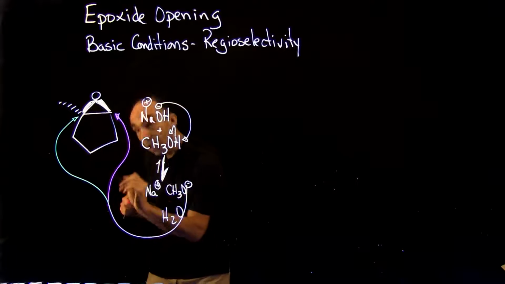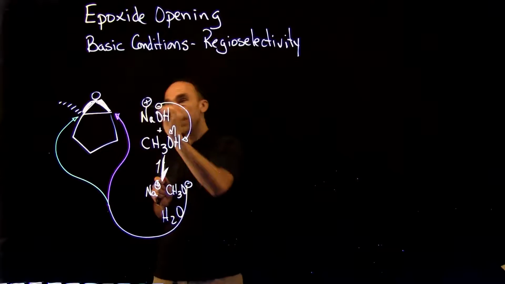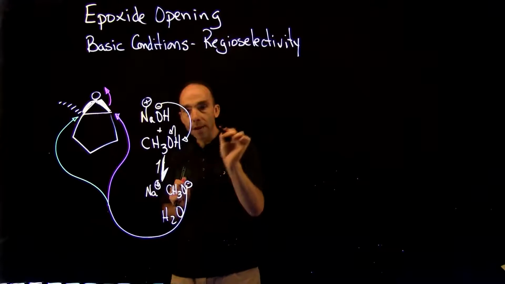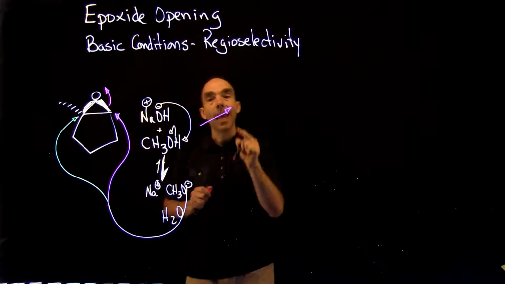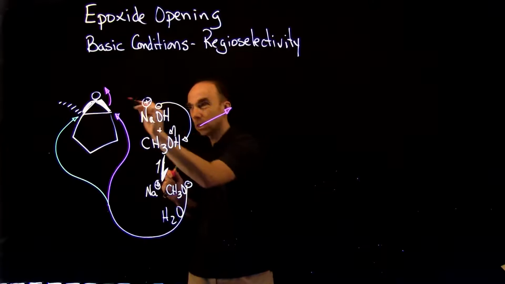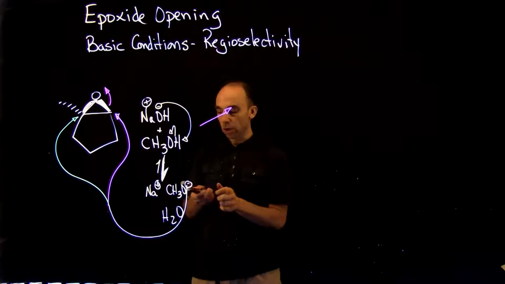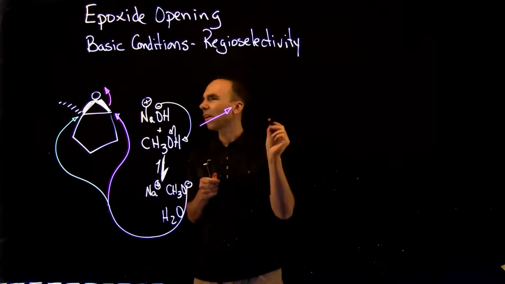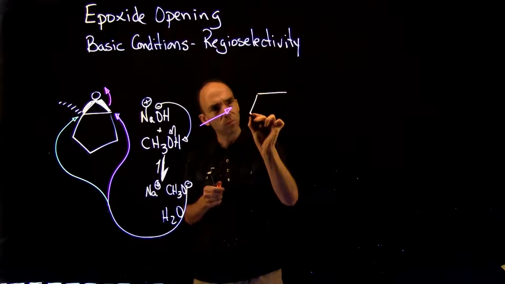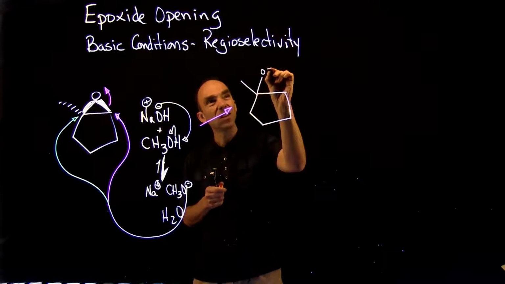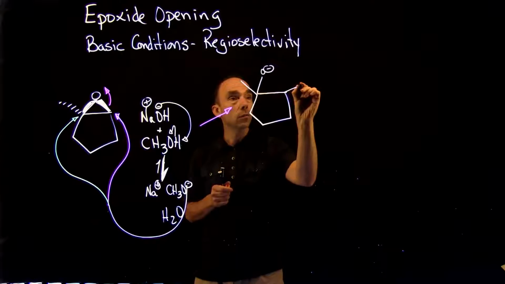So if the methoxide adds on this carbon, there will be cleavage of the carbon-oxygen bond, forming irreversibly, because the epoxide is highly strained, a structure with OCH2.